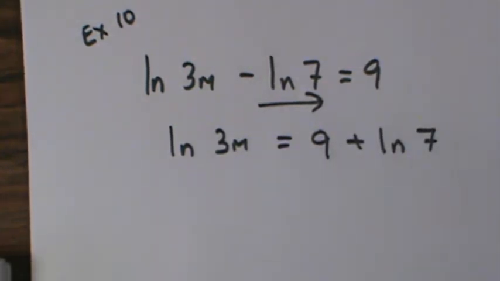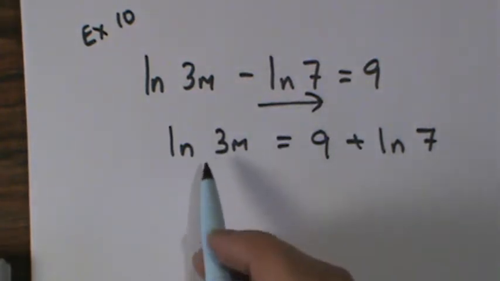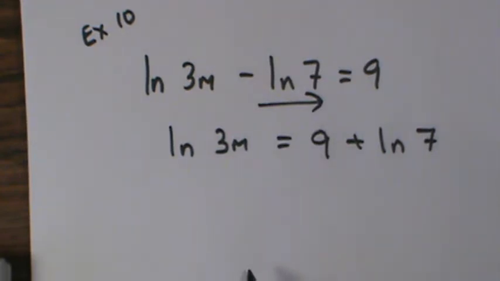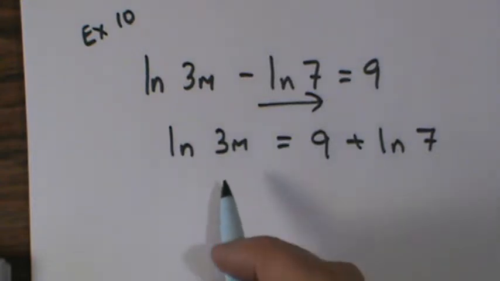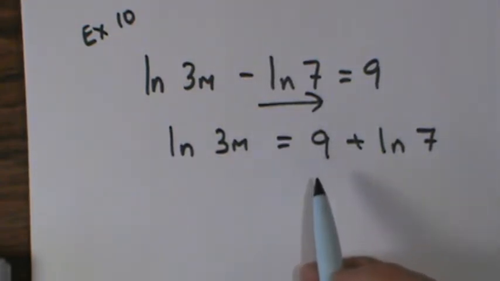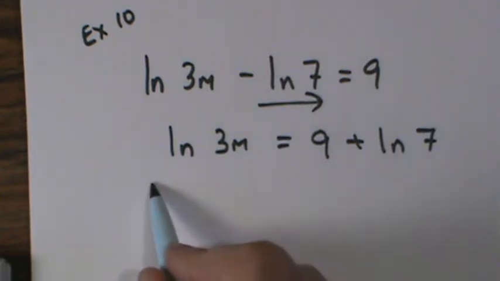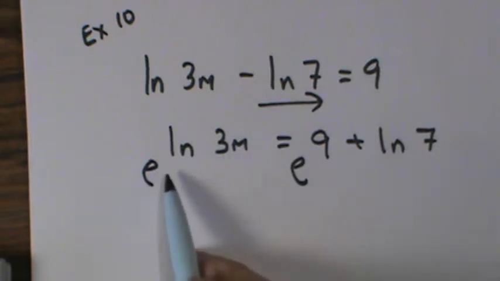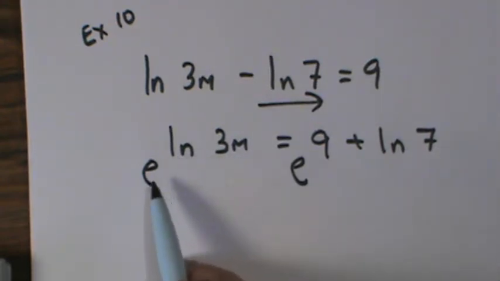Now, as I look at this, I can then move to the next step. I can go to the exponential form if I want here. So I can say e. I can e both sides. If I e both sides, and this is what I was talking about in a previous video, natural log and e are inverses.